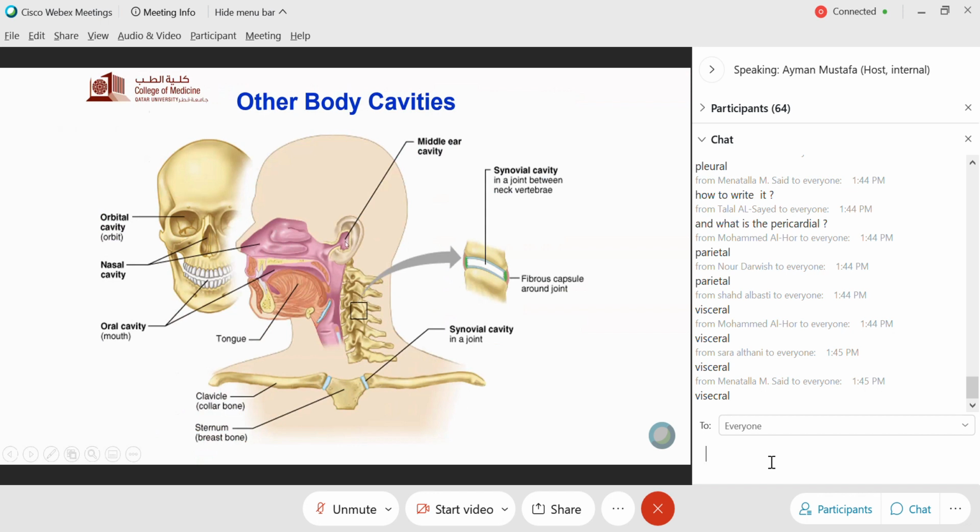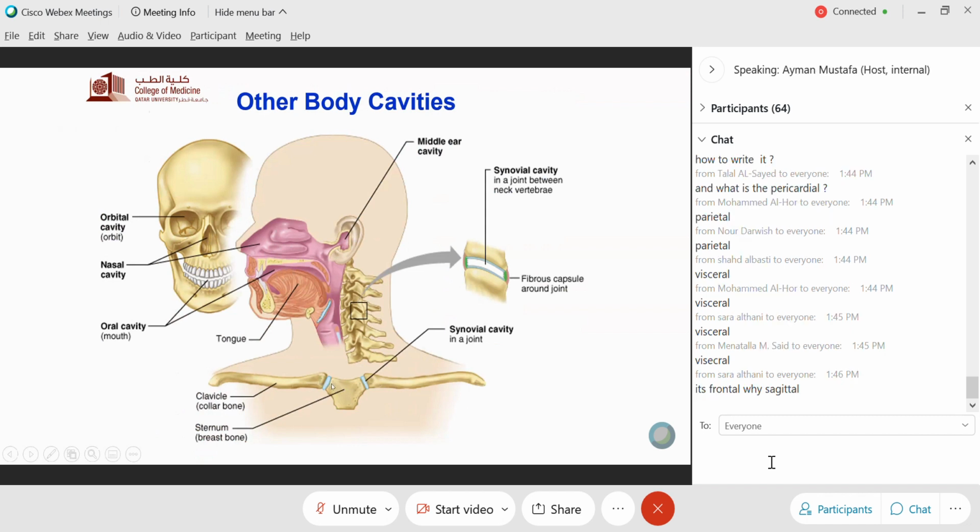If we go inside the ear to reach the cavity of the middle ear, otic cavity. The cavity where the joints between bones are located will be covered not by a serous membrane but by synovial membrane. When the cavity is covered by connective tissue, we call it synovial.